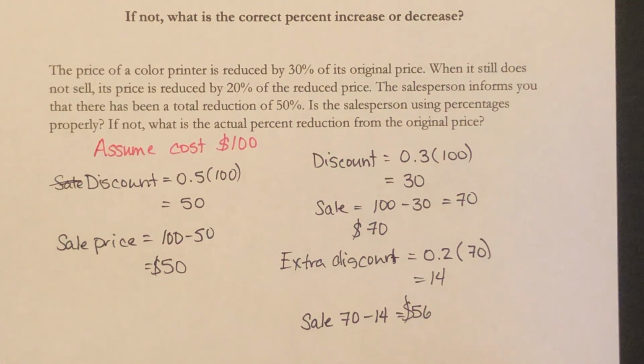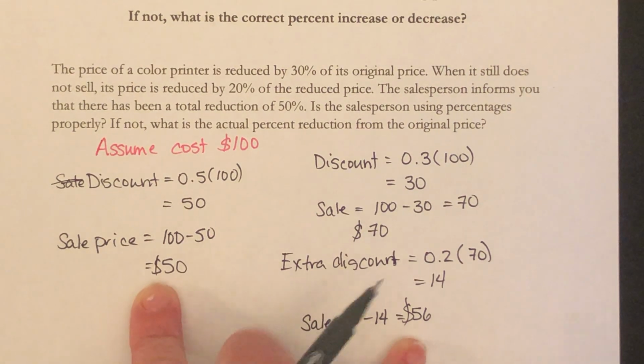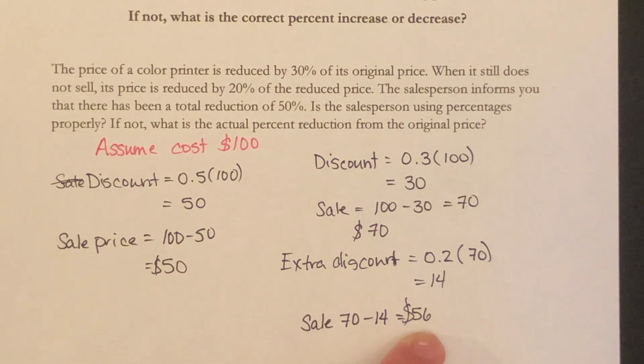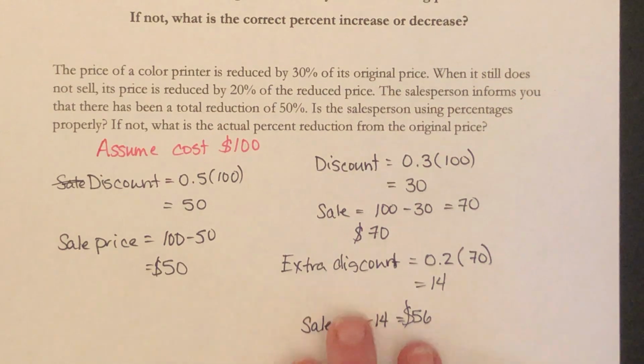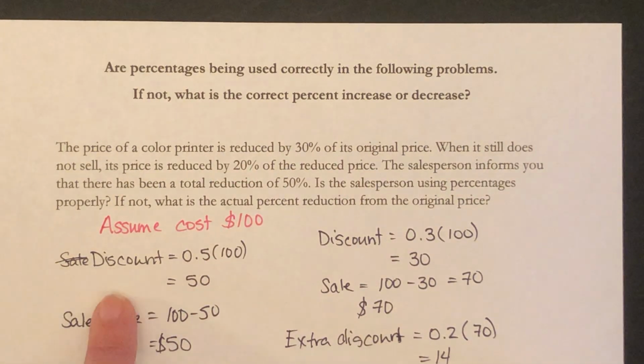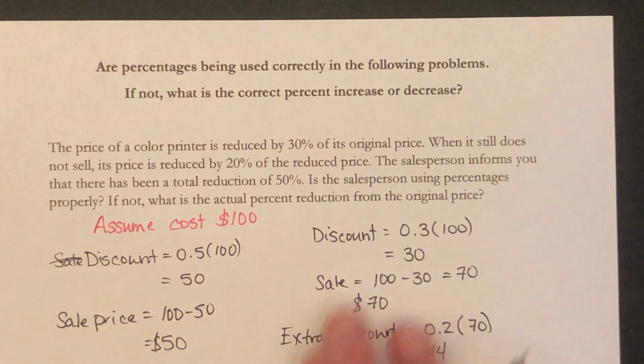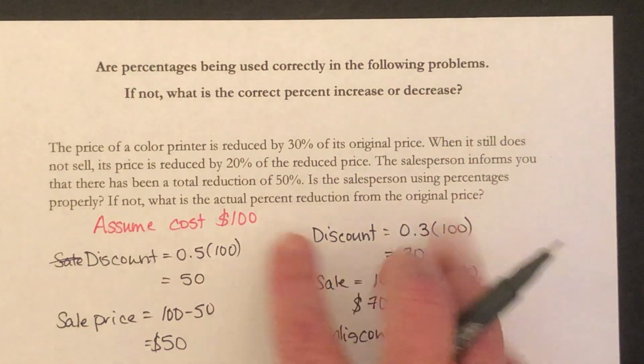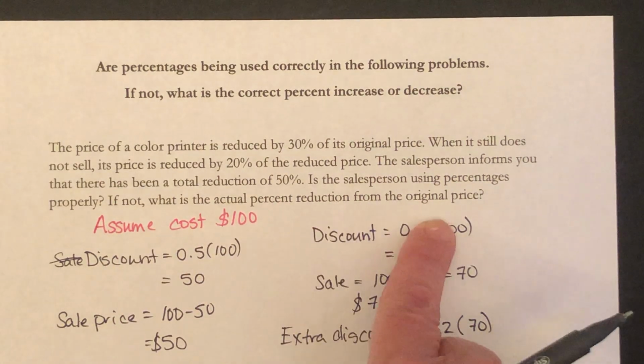So, did the person do it correctly? No, we obviously had a smaller discount rate than the 50%. So that tells me that 30% off and then another 20% off is not the same thing as 50% off. Now what we were asked to find if it wasn't done correctly is what is the actual percent reduction?